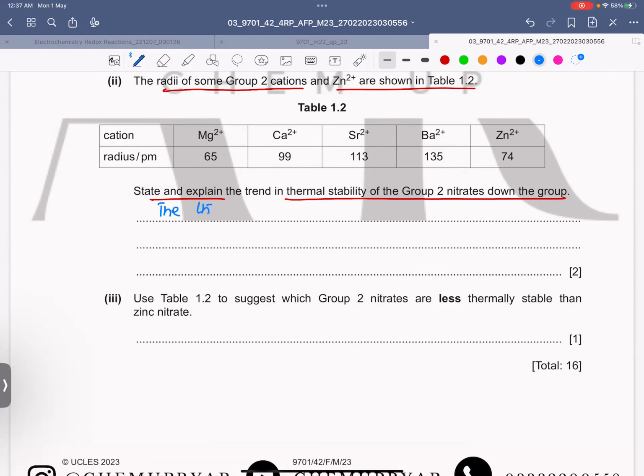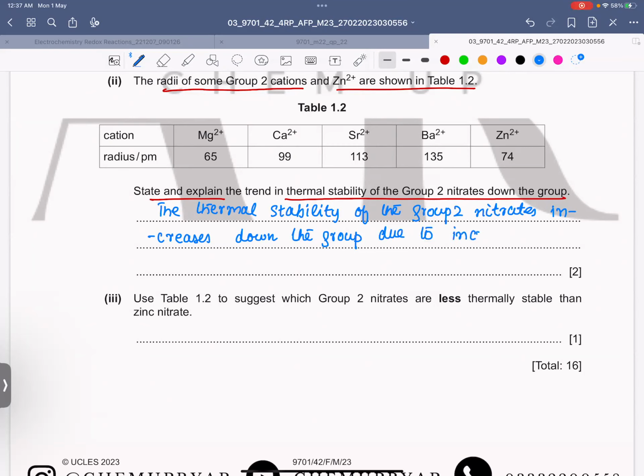The thermal stability of the group 2 nitrates increases down the group due to increase in cationic size.